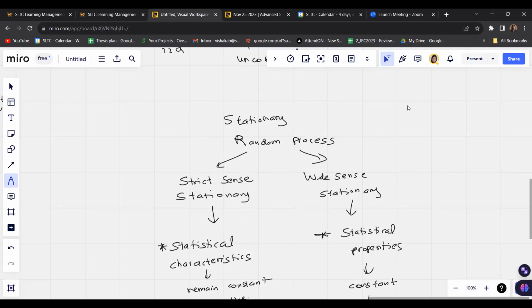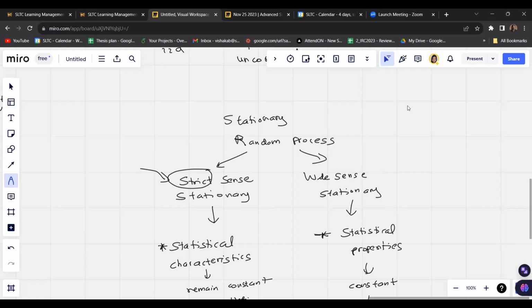So a wide sense stationary process is a simplified version of the strict sense stationary process, right? In strict sense stationary, the word strict means that up to the nth order, all the statistics are the same, a very strict definition where all the statistics must be the same at all time instances.